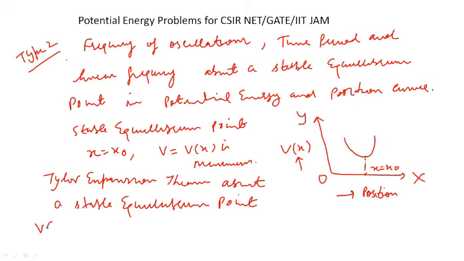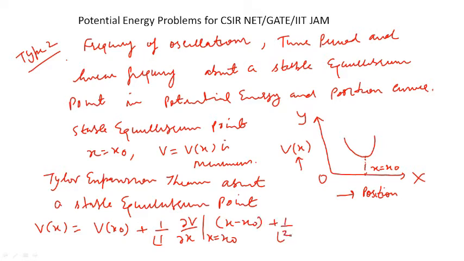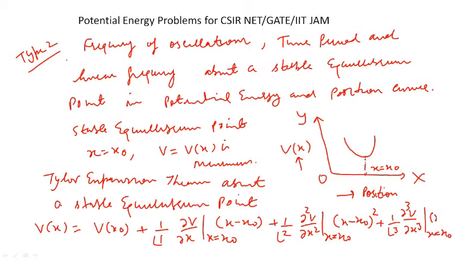It is like Vx is equal to Vx0 plus 1 upon factorial 1 del V over del x at x equal to x0, x minus x0 plus 1 upon factorial 2 del 2v over del x2 at x equal to x0, x minus x0 whole square plus 1 upon factorial 3 del 3v over del x cube at x equal to x0, x minus x0 whole cube, and so on.